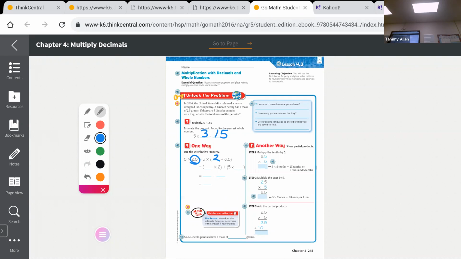Remember how when we talked about 42 times 7, we said that could be 40 plus 2 multiplied by 7? Do you guys remember that? Okay. So here, 5 times 2 and 5/10, all we did was separate out that 2 and 5/10 into 2 plus 5/10. That's all we've done so far.